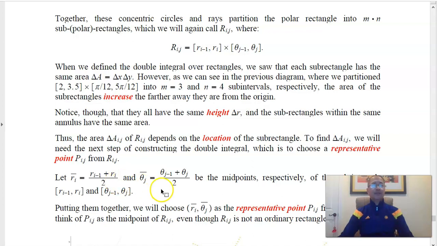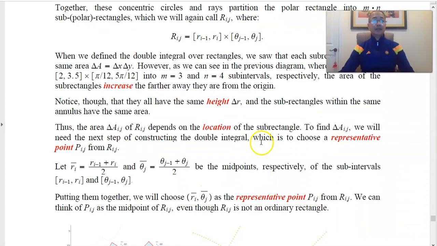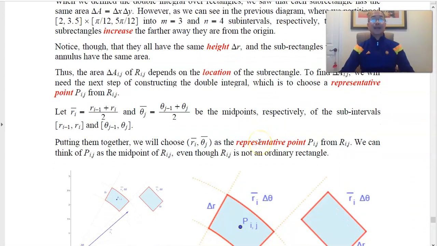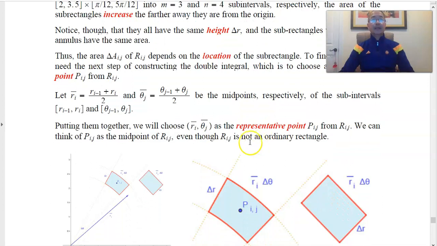So we're going to do almost something just about the same, at least as far as the algebra is concerned, maybe not the geometry. So we're going to find the midpoint of the r subinterval and the midpoint of the theta subinterval. Okay, so just take the average of the endpoints. Okay, so that will be our representative point. And let's look at the picture. Okay, so there we go. It's literally the middle.